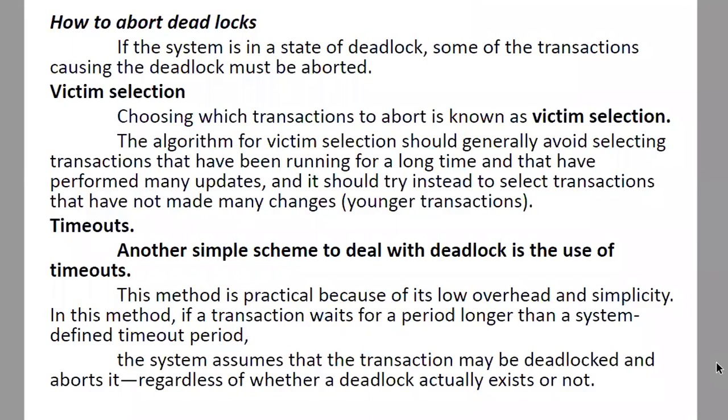For example, there are two transactions T1 and T2. T1 has already started, has done most of its work and is about to complete. T2 has recently started and maybe hasn't performed too many updates.